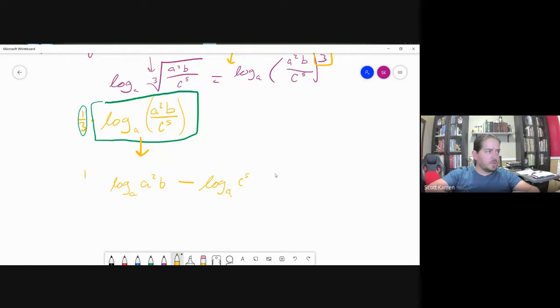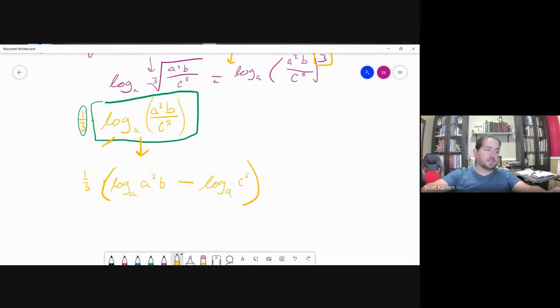But again, that 1/3 is multiplied by all of this. If you just leave it as multiplied by that log base a of a squared b, you're now wrong. It's not the same thing anymore. It has to be multiplied by whatever that thing turns into, which is now that difference.